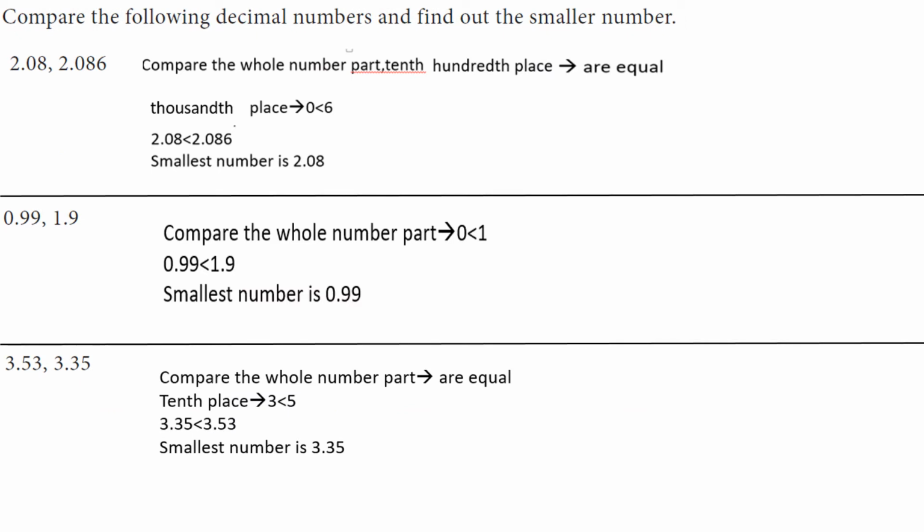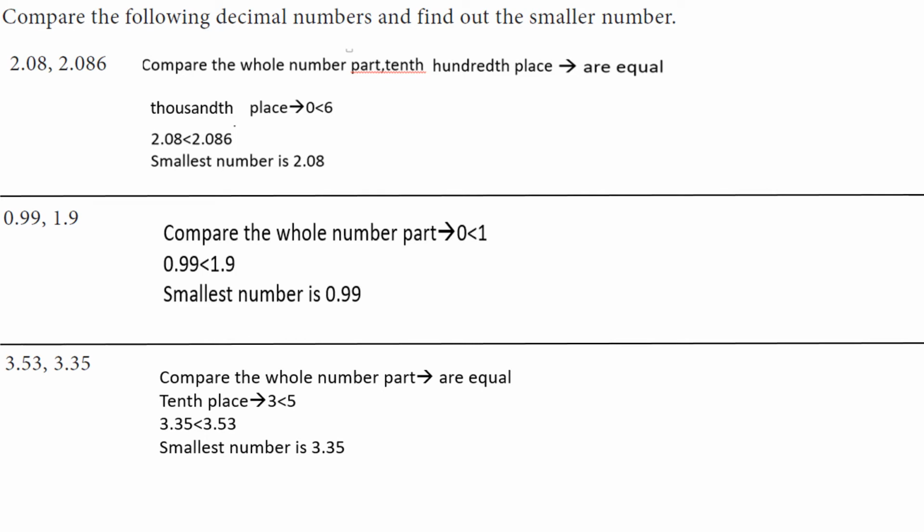Compare the following decimal numbers and find out the smaller number. Here given 2.08 and 2.086. Always you compare first the whole number part, that is equal, and 10th part also equal, 100th part also equal.